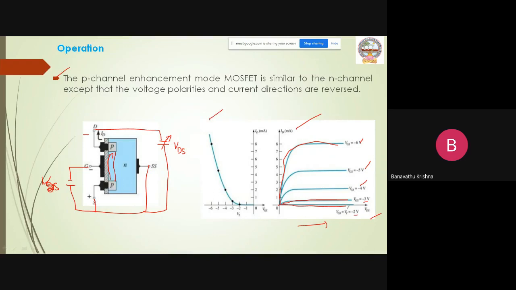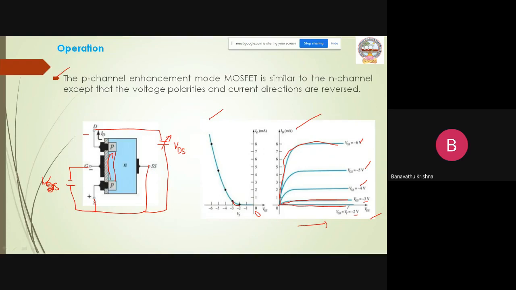Let us see the transfer characteristics also. At zero voltage the current is also zero, because at zero VGS the channel in between source and drain is not established. Due to that the current is zero, even if VDS is varied. When the gate voltage exceeds minus 2 volts, a narrow channel is available in between source and drain, so the current will increase by varying the drain voltage.